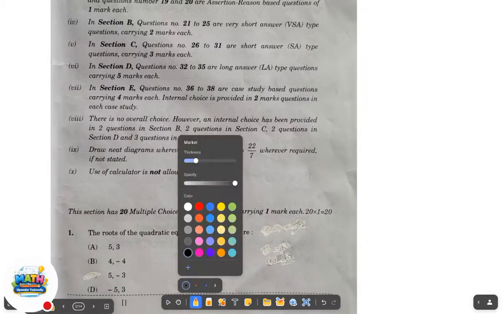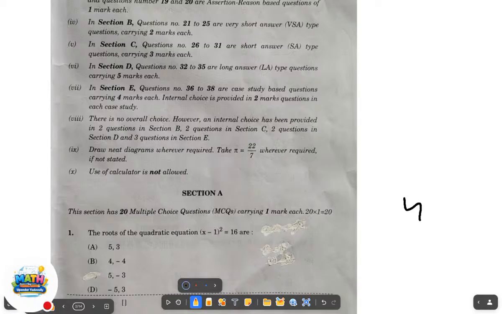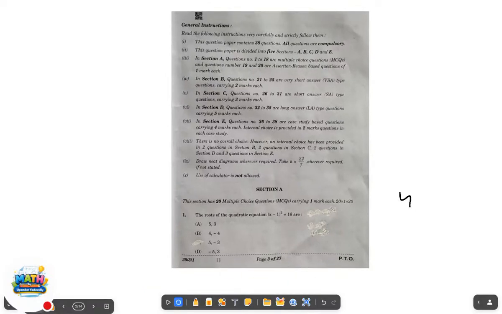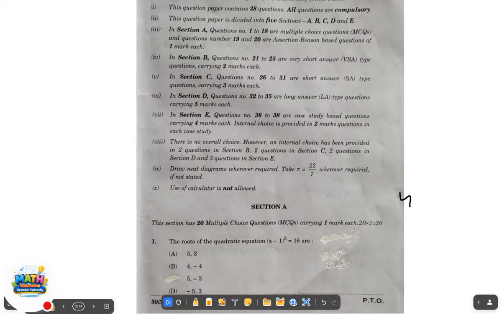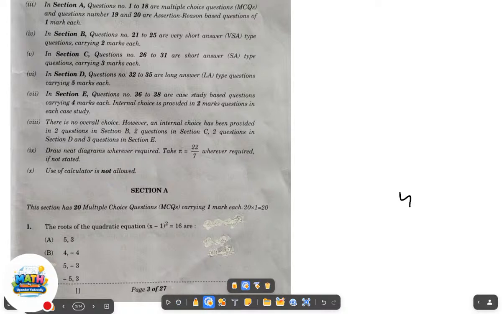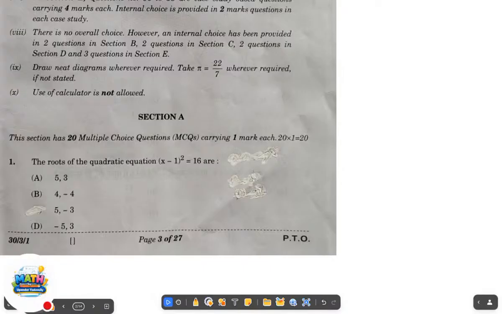So what is the first question here? The first question is: the roots of the quadratic equation (x minus 1) whole square is equal to 16 are. So here we have to find this quadratic equation's roots.